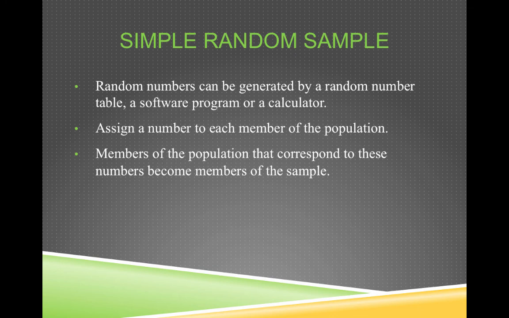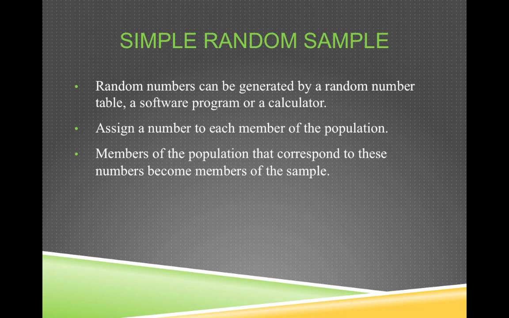We can also use random numbers. Random numbers can be generated by a random number table, which I'll show you here in a minute, a software program like Excel, which I'll also be showing you in the tutorial later this week, or we can also use a calculator. Here we assign a number to each member of the population, and members of the population that correspond to these numbers become members of the sample.